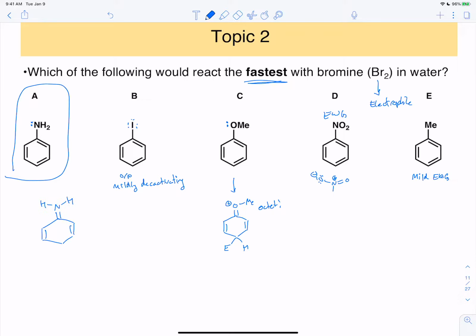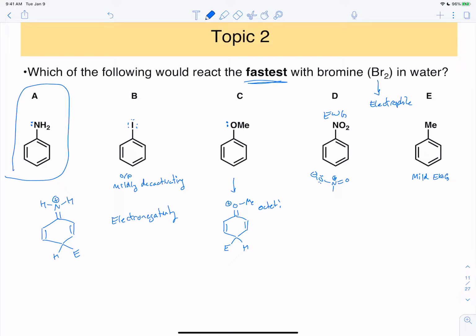To decide which one is going to be more electron donating, we're going to take one other factor into consideration, and that is electronegativity. Oxygen is more electronegative, so it doesn't really want to put a positive charge on the oxygen as much as a nitrogen would.